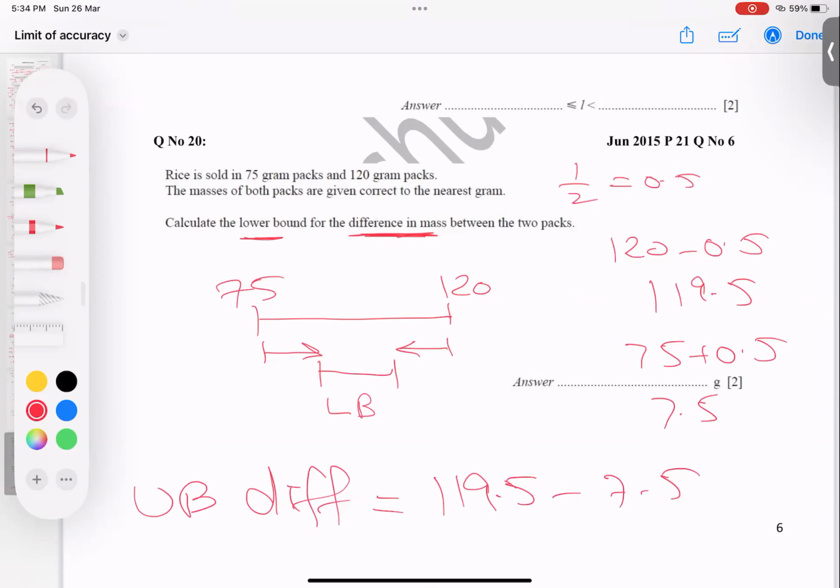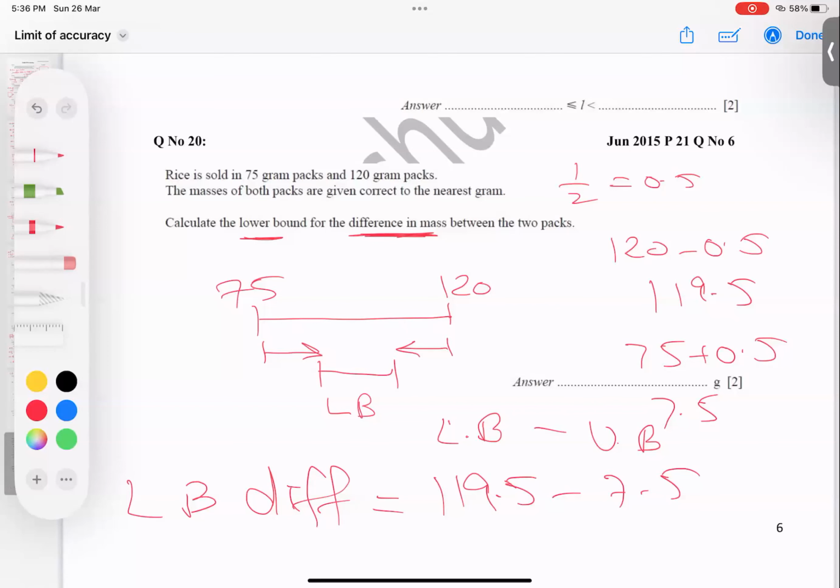So what is the technique? I took the lower bound. Why did I write upper bound? So for the lower bound difference: lower bound of the bigger value minus upper bound of the smallest value. You saw the difference, and it's the same formula I discussed before. I hope the point is very clear and the topic is completely over. Alhamdulillahi rabbil alameen, the topic is finished.